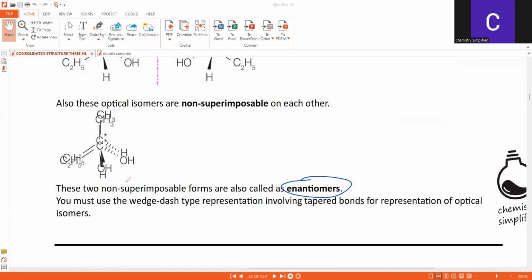Basically, enantiomer means two non-superimposable forms, like the two which I've shown in the picture before, and these two which are shown here. Okay, so CH3, CH3, C and C2H5 are getting superimposed, but H and OH are not getting superimposed. So those are enantiomers, which are optical isomers.